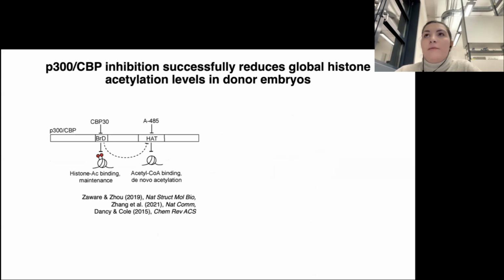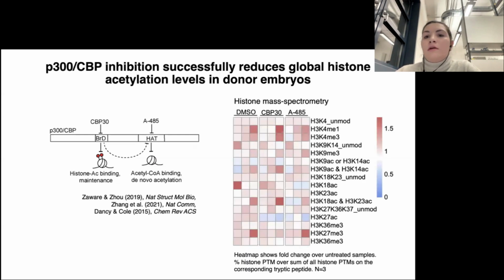Just briefly, we used two different inhibitors of P300, one bromodomain inhibitor and one inhibitor of the catalytic core. We could see, based on mass spectrometry analysis, that the bromodomain approach mostly reduced K27 acetyl levels, while the catalytic inhibitor showed a reduction in other histone marks as well.